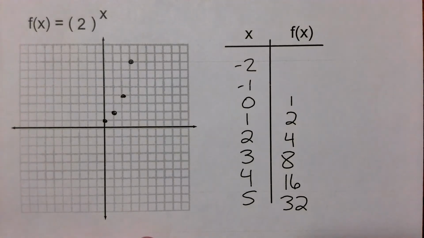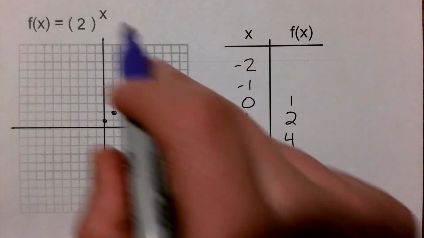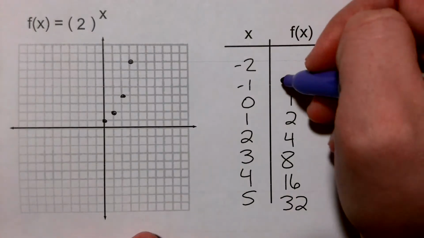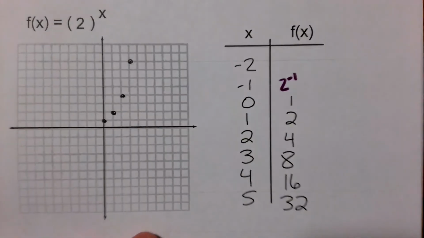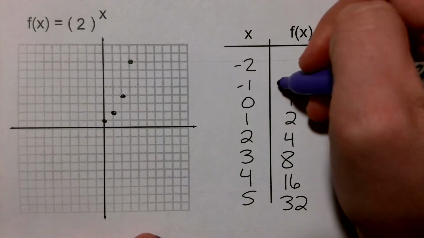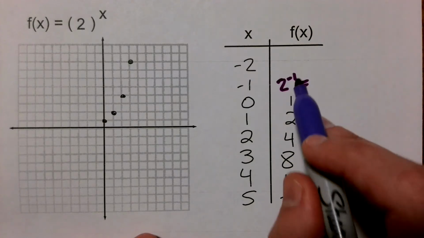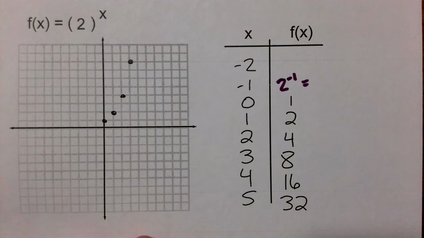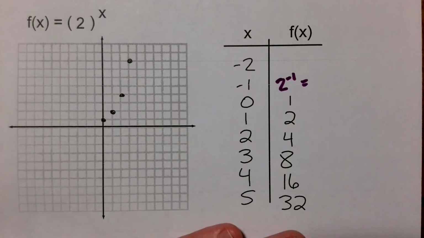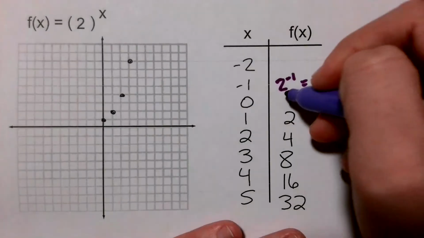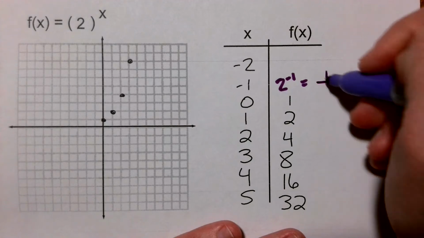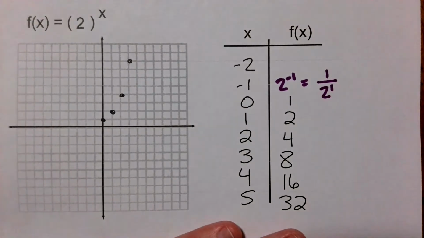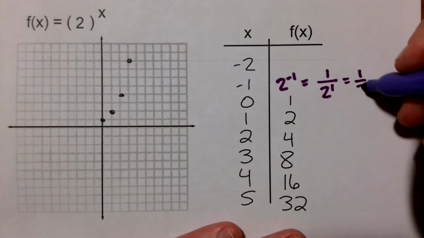What we might need to be reminded of is what happens when we plug in a negative number. So if I have 2 to the negative first, remember, anytime I have a negative exponent, I can move that from the numerator to the denominator or vice versa and make it a positive exponent. So this 2 to the negative first is the same as 1 over 2 to the positive first, or just 1/2.